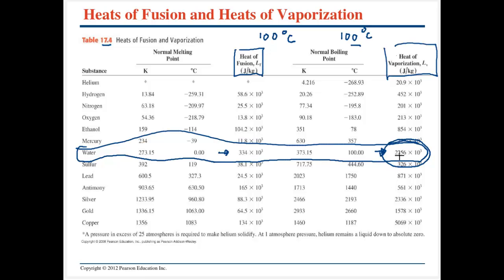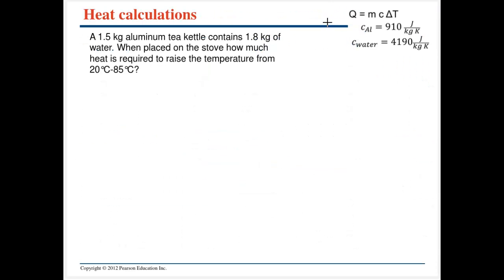It's going to have 2256 times 10 to the third joules more energy, because we're talking about 1 kilogram of water. So if you had to choose between getting 100 degrees Celsius water on your hand and steam, go for the water. So let's take a look at setting up a few problems, and I'll leave it up to you to complete the problem.